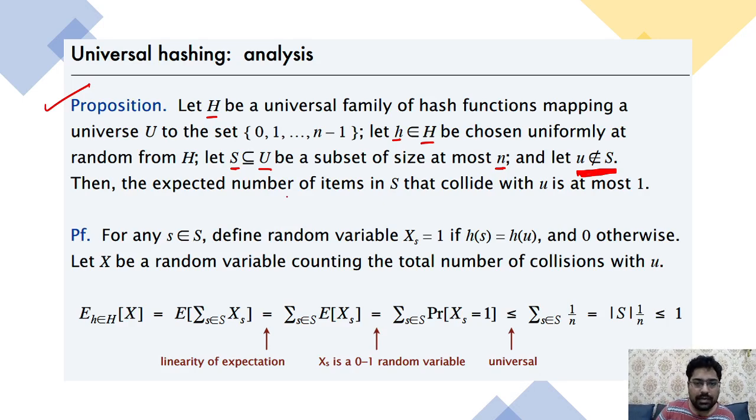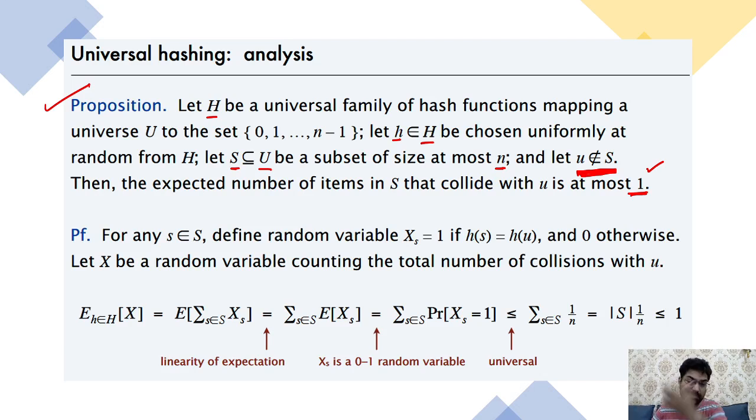Then the expected number of items of S that collide with u is at most 1. Let u not belong to the subset S. So the expected number of collisions in future is less than or equal to 1, not more than 1 we expect.